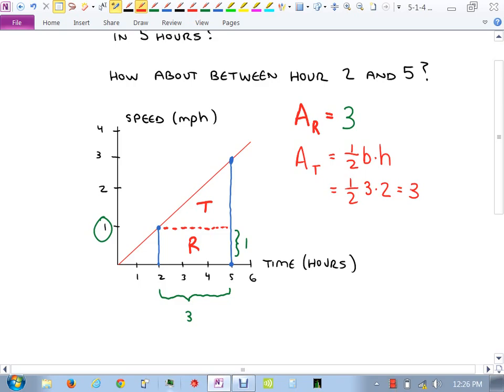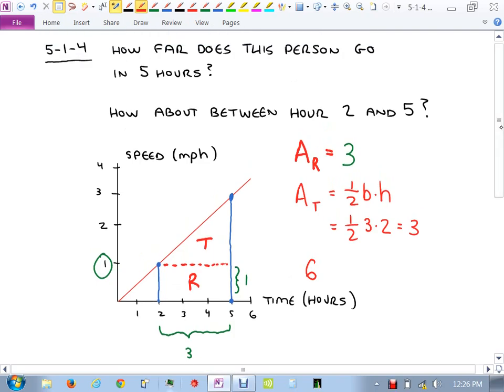Any questions? So what's the total area? 6? Yeah, I haven't put it yet. That's the area. But in the context of the problem, how far does the person go? It'd be 6 miles.